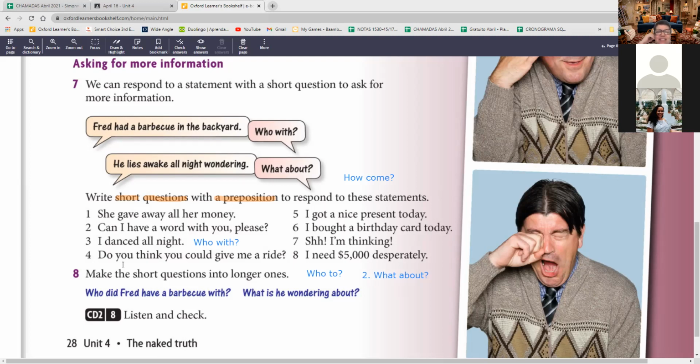If I ask you this, the first thing you want to know is where I'm going, right? So that you can give me a ride. So naturally, you would say, where to? Because you need to know so that you can evaluate if you are able to give me a ride.